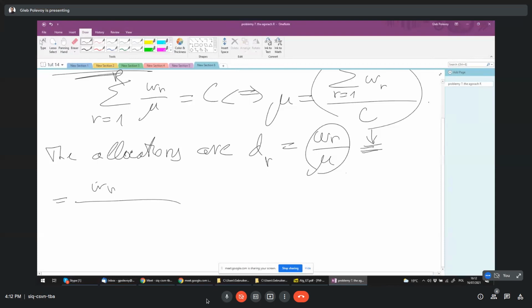Mu is the sum of W divided by C. Since we have already R, and let's call those WS's, they are the S from 1 till R. And C now goes up. So that's still the proportional allocation. That's also something we solved before. So we can choose to find the allocation. We don't have to go through finding the price again.